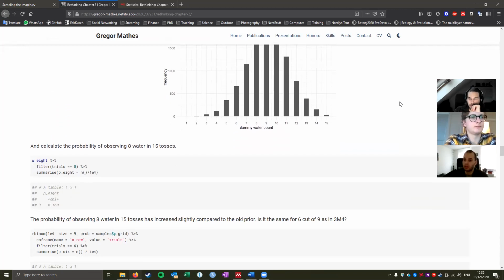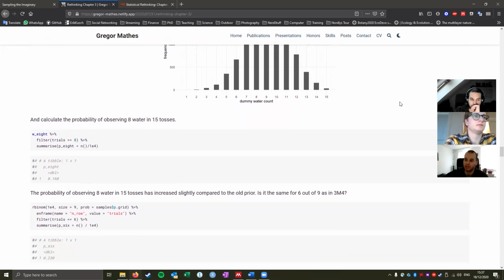And then we can calculate this as well, getting these 8 out of 15 and summarize it, and we get a probability for 8 water in 15 tosses of 16%. Slightly higher compared to the old prior.